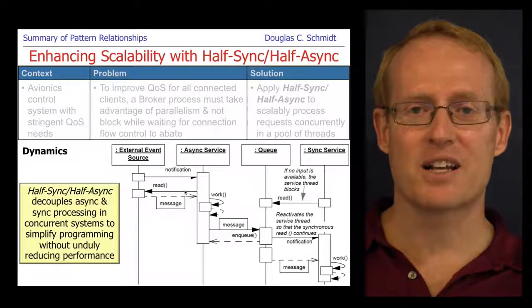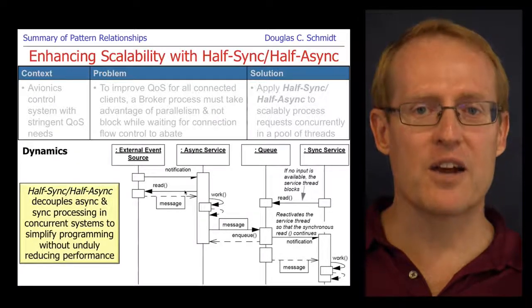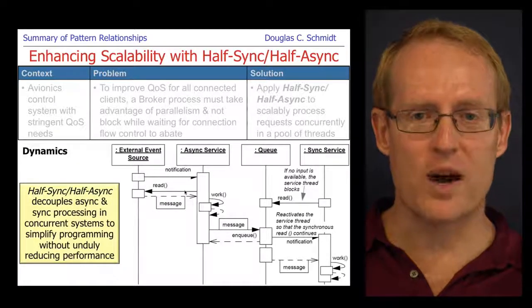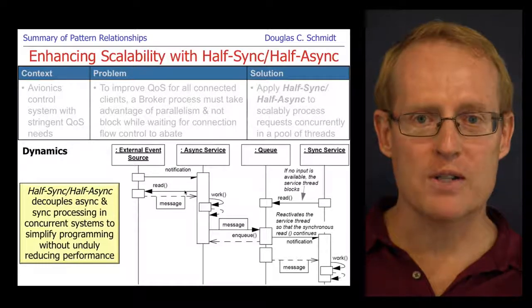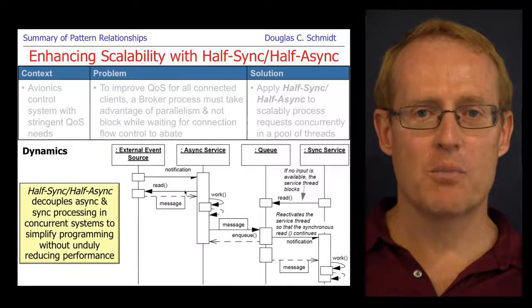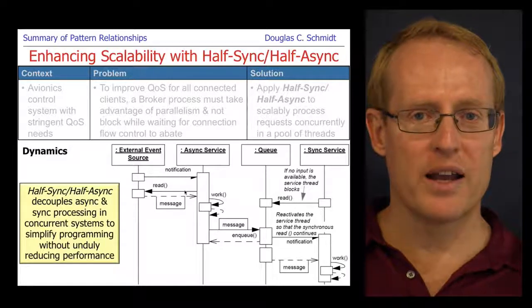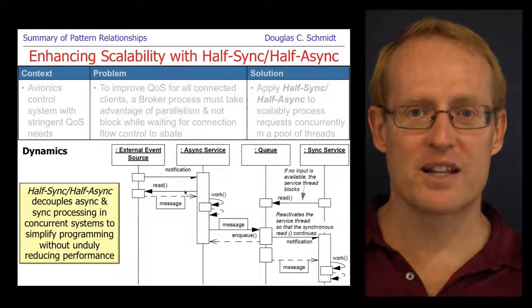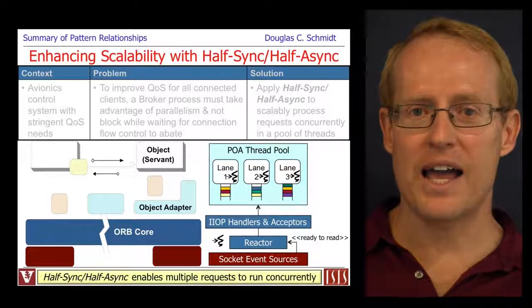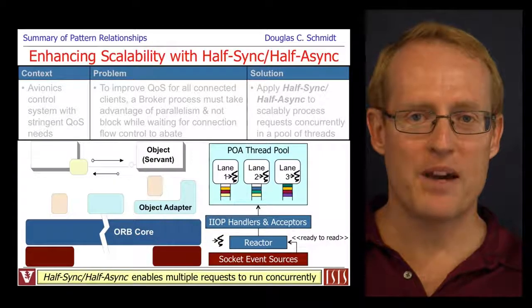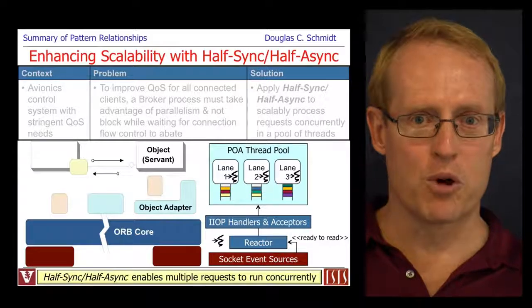They can't block in the async layer. They can wake up, read the request, and process it. And you can dictate how much concurrency is used by the number of threads that you spawn that wait in the sync layer. So here's an example of how we can apply the half-sync, half-async pattern to our broker.